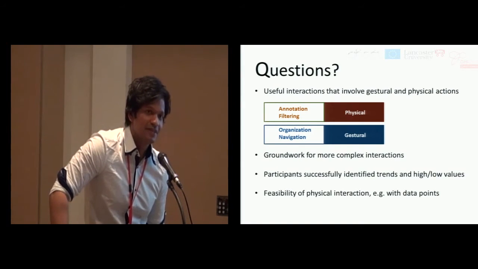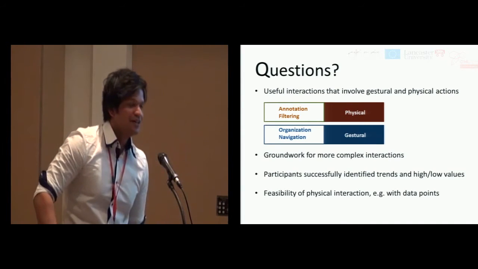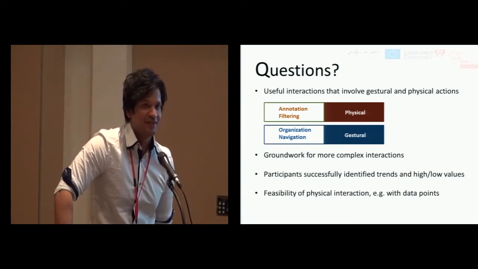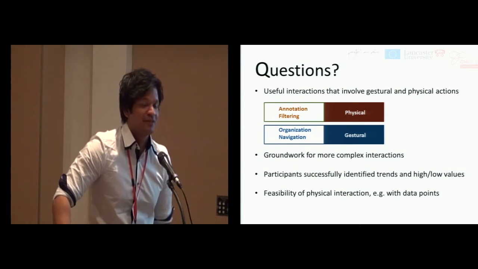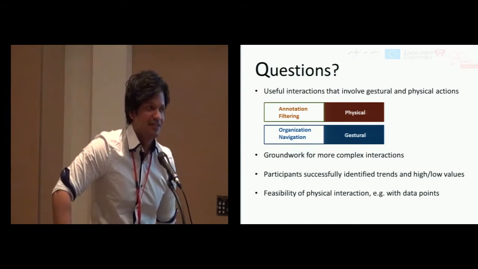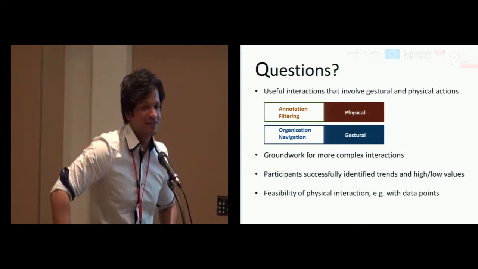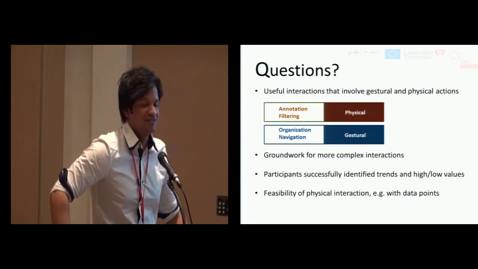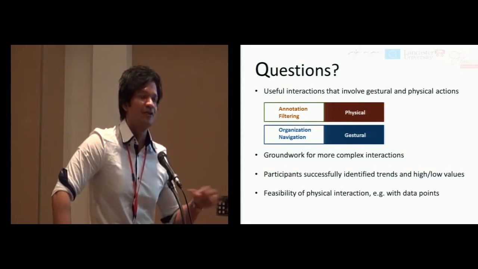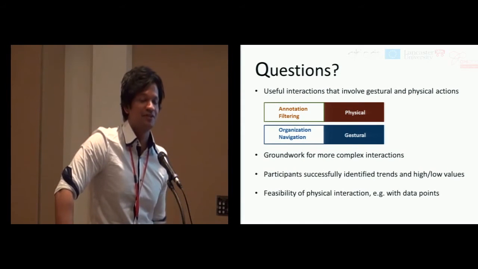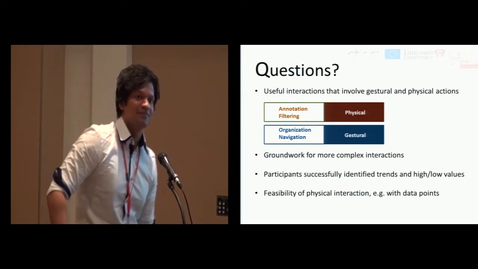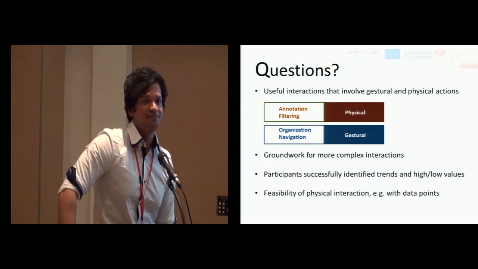Yeah, that's an excellent question. So some of the informal findings, like I said, there was of course a surprise factor from the actuation. From the demographic data and from talking with the participants, they had never seen a shape-changing display before, especially in the context of a bar chart. So there was that surprise factor from actuation. And to compare rows, for example, they would switch their posture to get a better look at the bars.